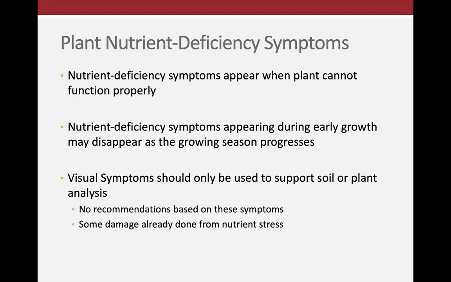There's a lot to be said about the power of that observation, but we always tell people that we shouldn't look at that as a definitive diagnosis. We should use it as a guide to help figure out if we need to take soil samples and plant analysis, and then use those results from the lab to fully diagnose and validate what we initially suspected.